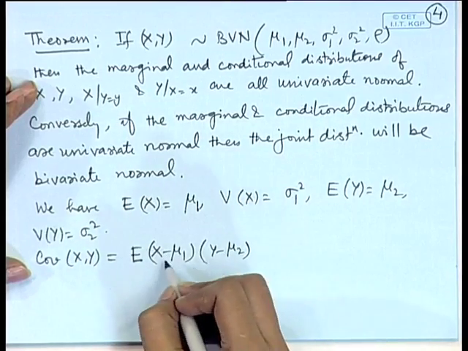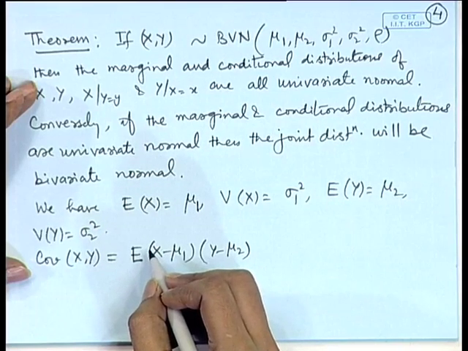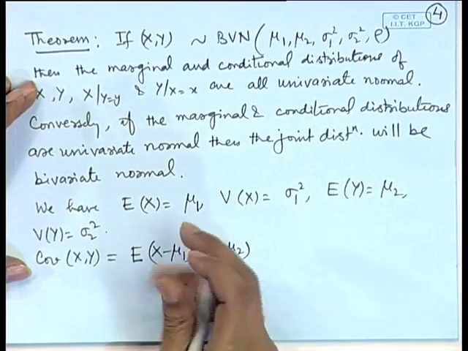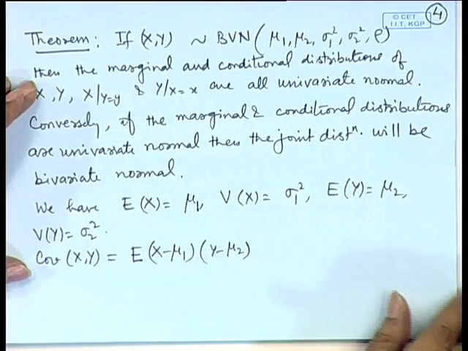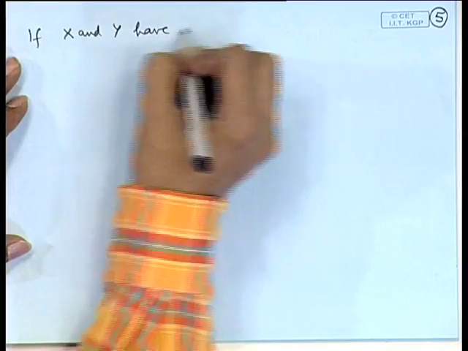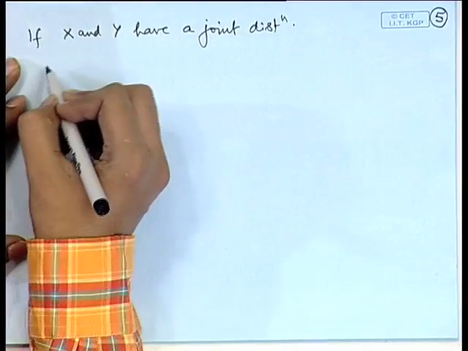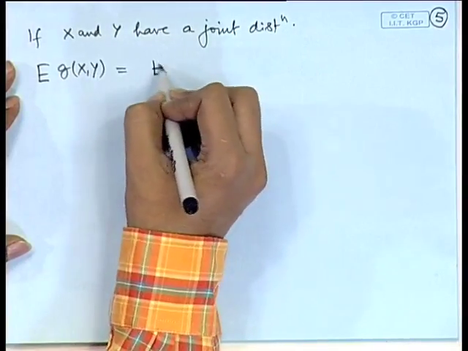Now, this central product moment can be calculated by the joint integration of the density function multiplied by this function. However, at this stage we introduce some formula for evaluation of the joint moments. If x and y have a joint distribution, then in general expectation of a function can be calculated in stages.